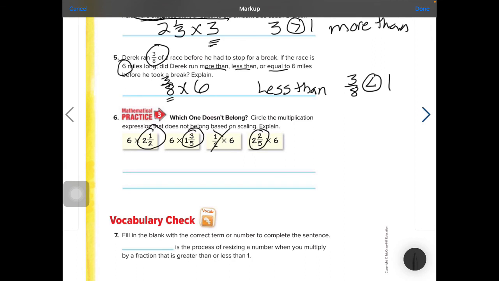But this one is less than. So that's not going to belong, because if we do that, the answer will be less than 6. All the other ones have products greater than 6.